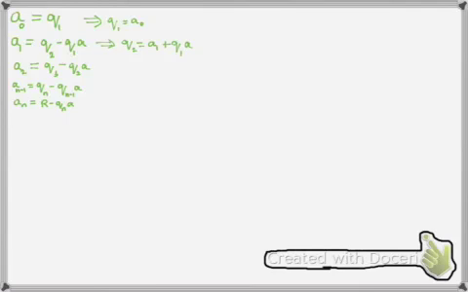By this equation we get q3 is equal to a2 plus q2 times a. And by this equation what do we get? qn is equal to an minus 1 plus qn minus 1 a. And finally the remainder by this equation is r is equal to an plus qn times a.